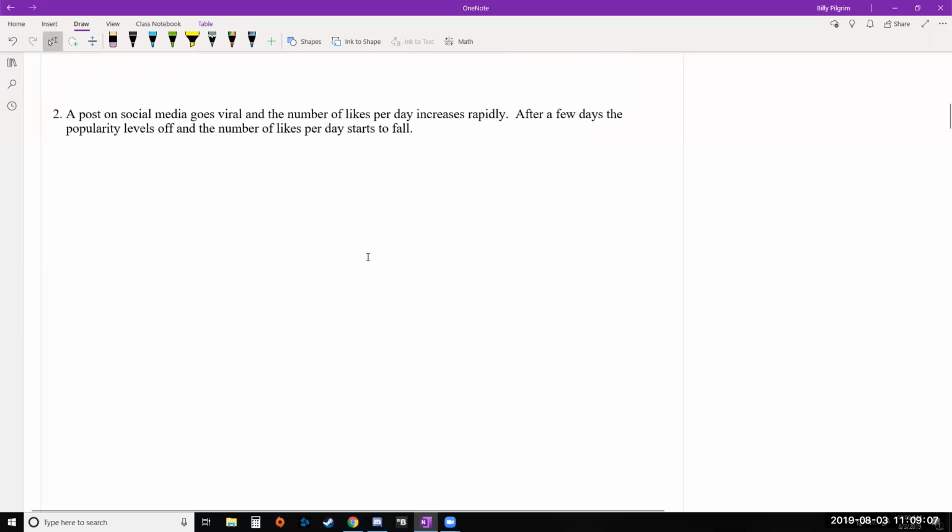Let's take a look at the second one. A post on social media goes viral and the number of likes per day increases rapidly. After a few days, the popularity levels off and the number of likes per day starts to fall. Okay, so this is interesting because we don't have any numbers at all, right? We're just kind of describing it, but you can picture it. The likes per day increase rapidly, right?